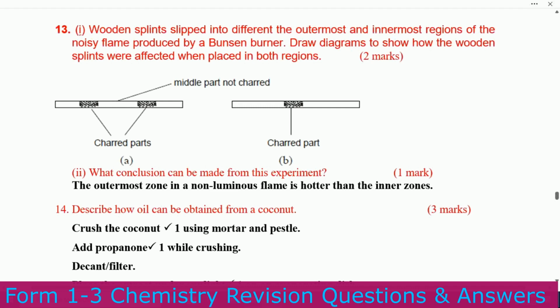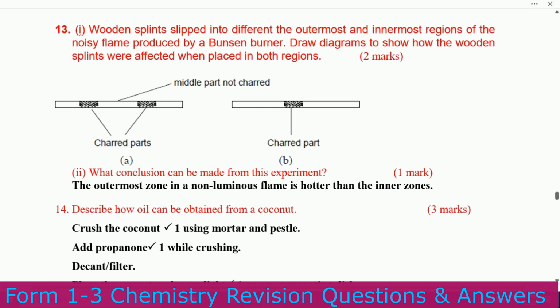So the first thing to know is that this one is a luminous flame. So the middle part of that stick, and then the middle, and then the outer part. You are told what conclusion can be made from the experiment. What can you conclude? The outermost zone in a luminous flame is hotter than the inner zone.